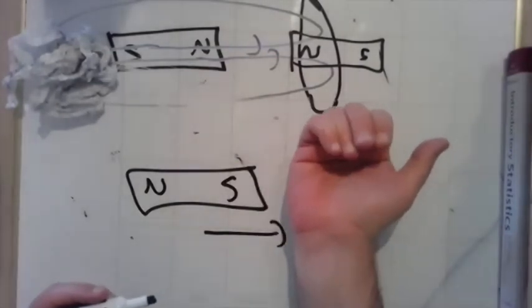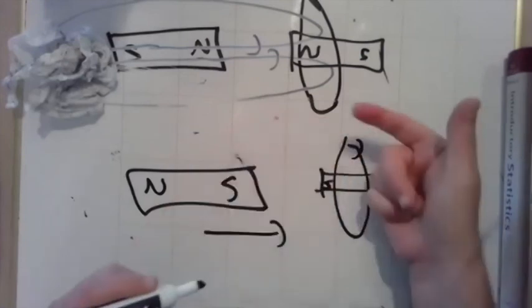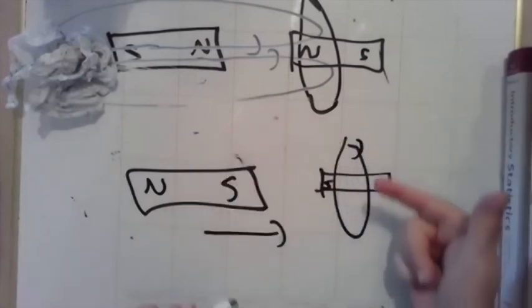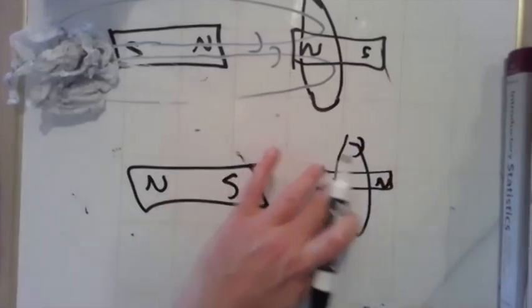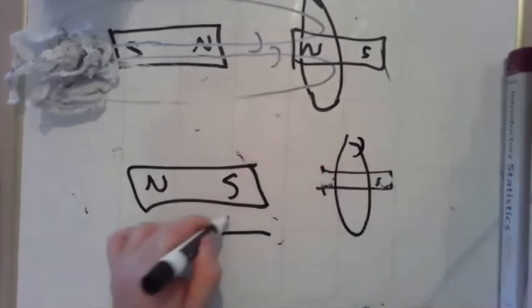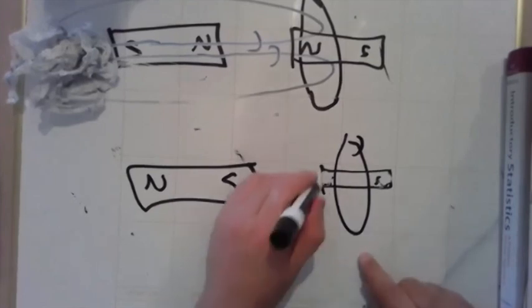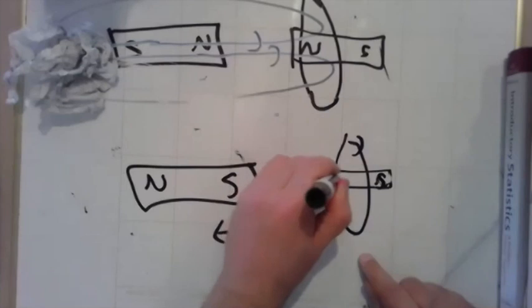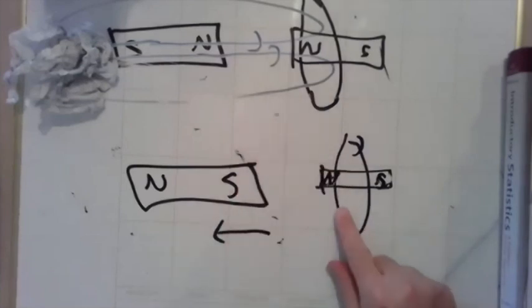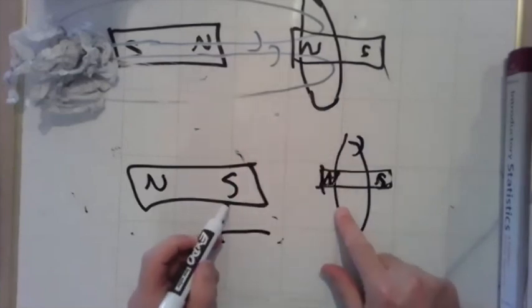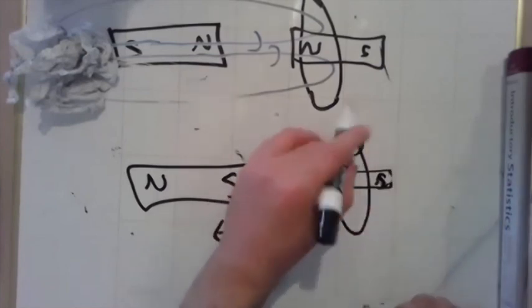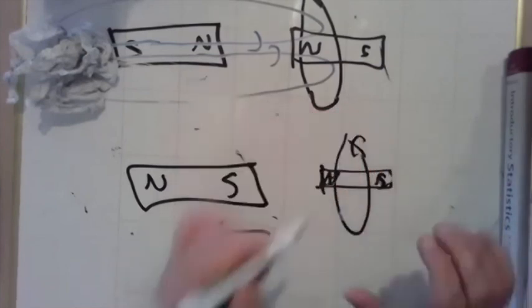North going the direction of my thumb, my current would flow around like this. If instead I had my south-north like this and I try to pull it away, this guy says, I'm not letting you go. I want to stop you from doing what you're doing. So I'm going to try to attract you back. I'm going to put a north here to try to hold this south in. Thumb points that way. Current would flow around like this.